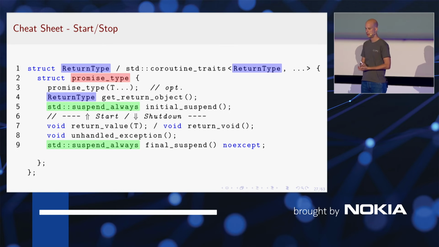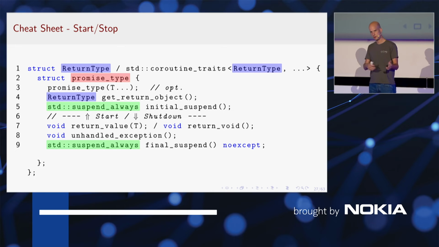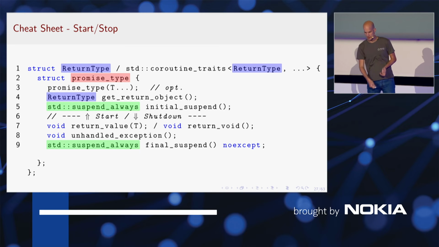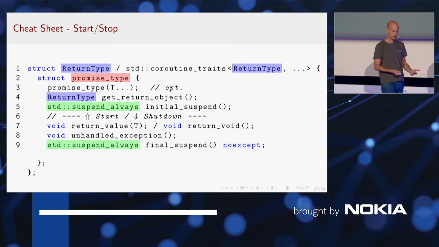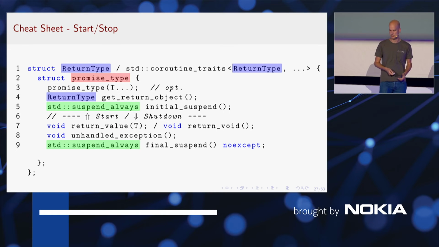Then the compiler will call getReturnObject on the promise to get the return object that's handed back to the caller. It will call initialSuspend to give an opportunity for suspension before execution, and then the startup is done. After that, you will enter the body of the function and start executing as you would expect.